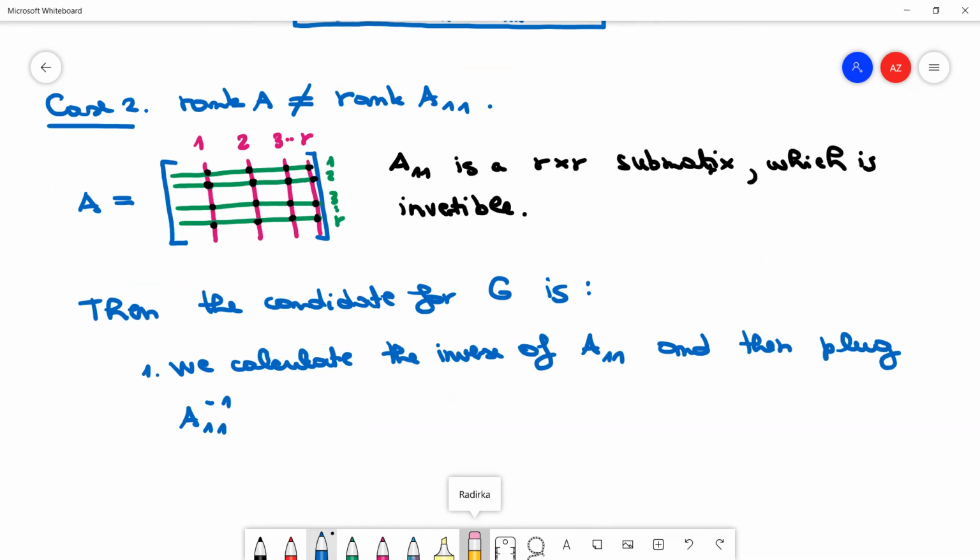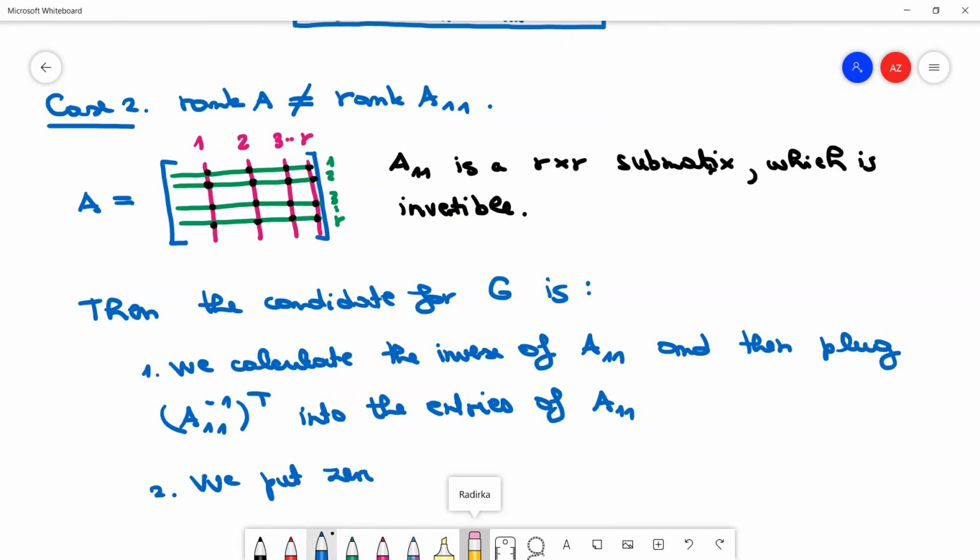So A11 minus 1 transpose into the entries of A11. We put zeros in the other entries.